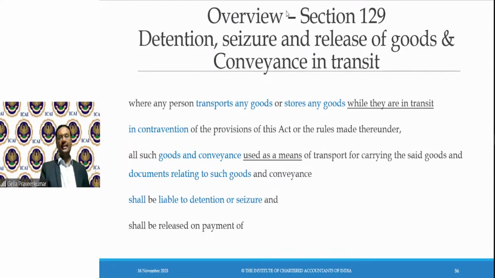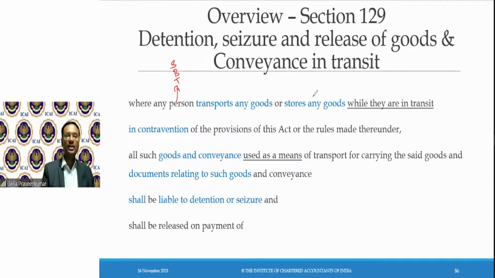The provision says that where any person, when I say any person, seller, buyer, transporter, I have three parties in a transaction. Seller who causes movement of goods, buyer who causes movement of goods, or transporter who causes movement of goods. This person transports any goods.